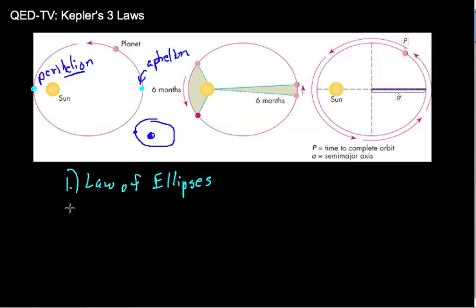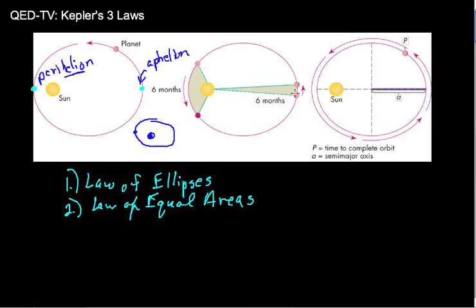The second law is called the law of equal areas. This law says that if you have an imaginary line drawn from the center of the sun to the center of the planet, that line will sweep out equal areas in equal intervals of time.